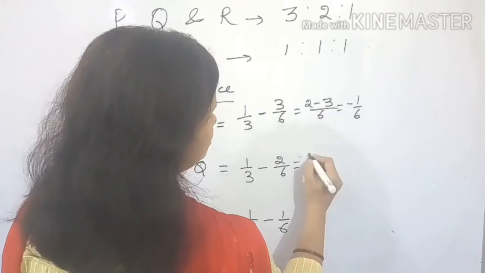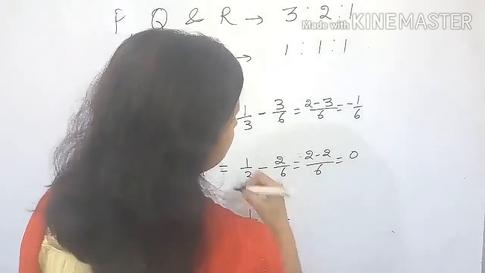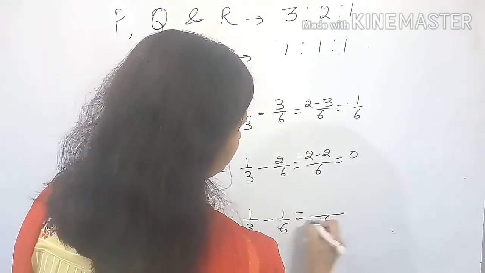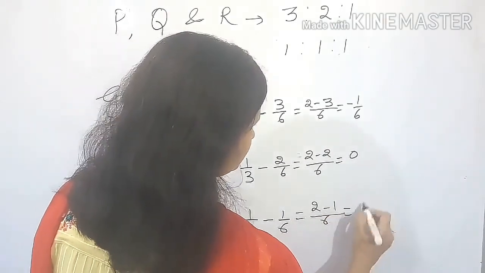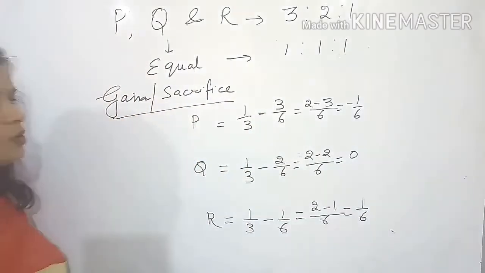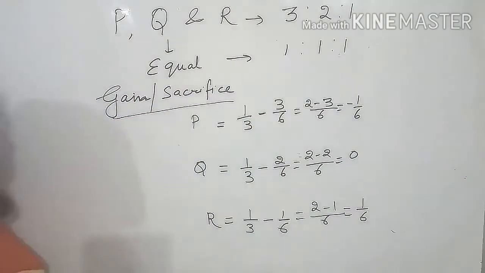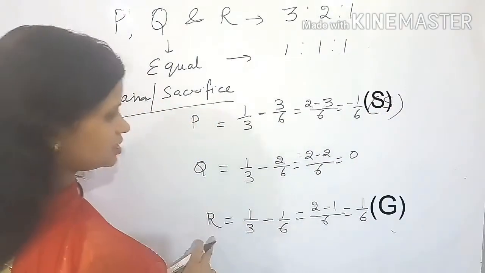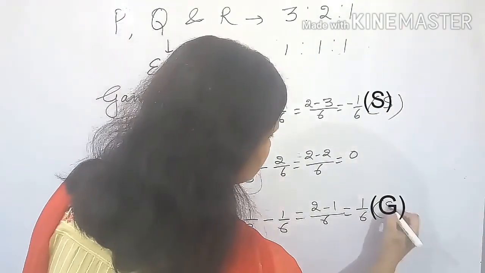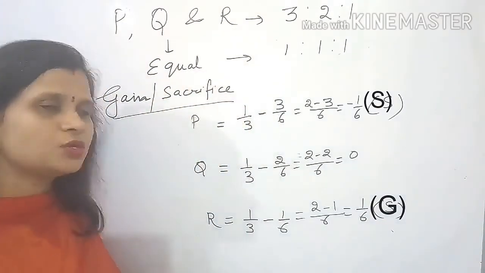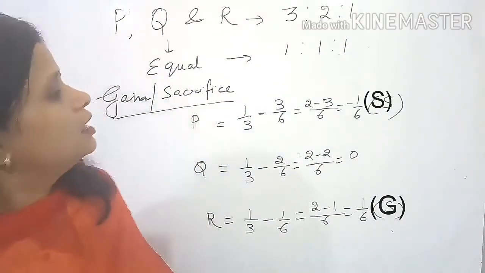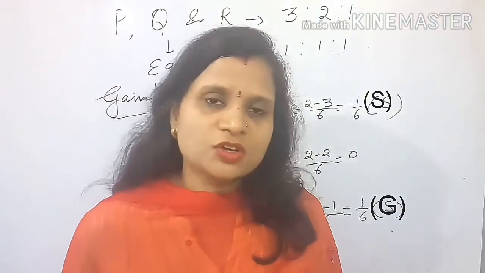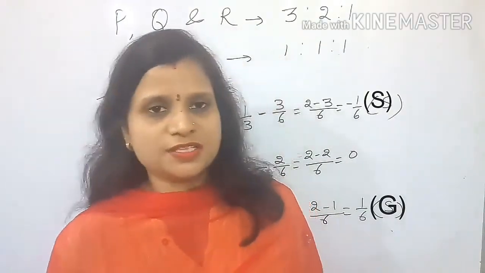Here it will be 2 minus 2, that means 0, no gain, no sacrifice. For R, 2 minus 1, 1 by 6. Now, who is the sacrificer? P is the sacrificer. And who is the gainer? R. So, this is how you can calculate gain and sacrifice when the profit sharing ratio among partners changes.